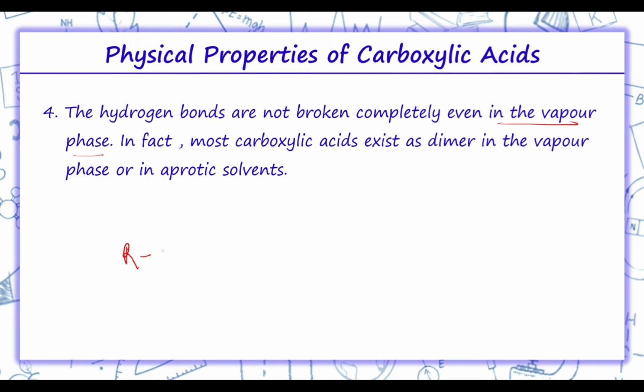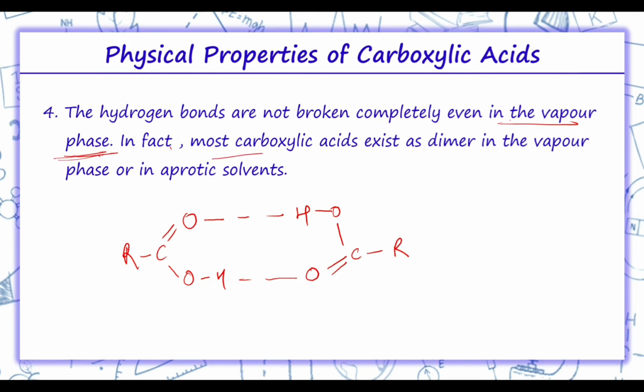Like this is one carboxylic acid we have. Since there is intermolecular hydrogen bonding, this is the hydrogen bonding which is formed between two carboxylic acid groups. This hydrogen bonding is not broken completely even in the vapor phase.